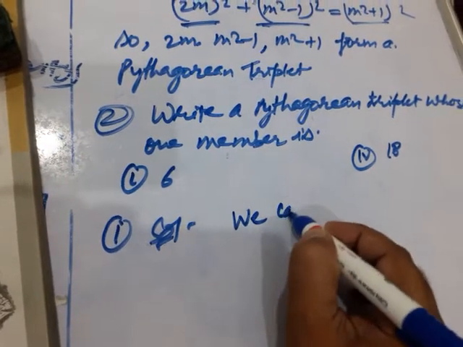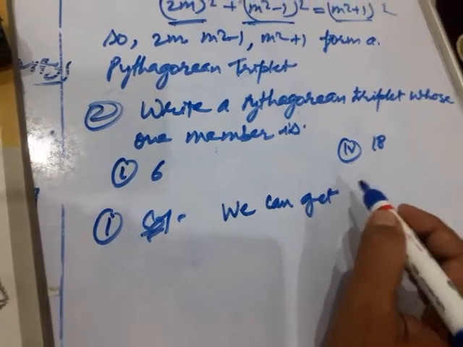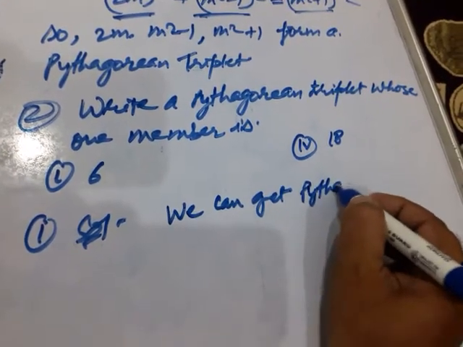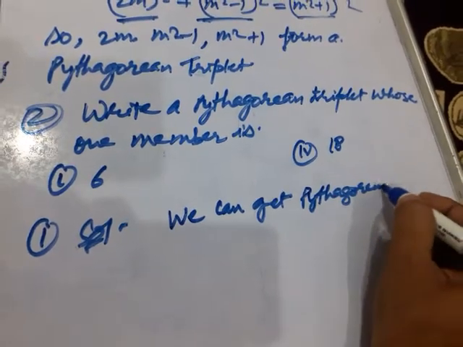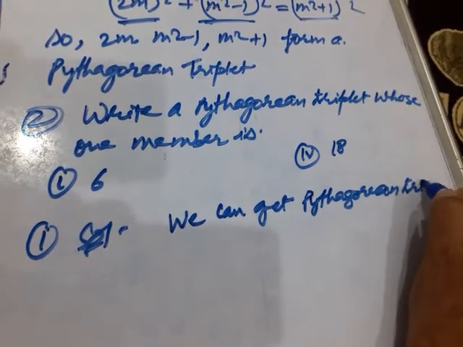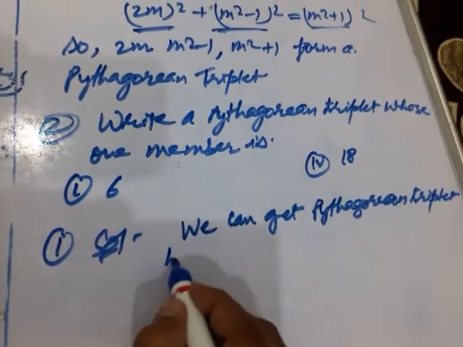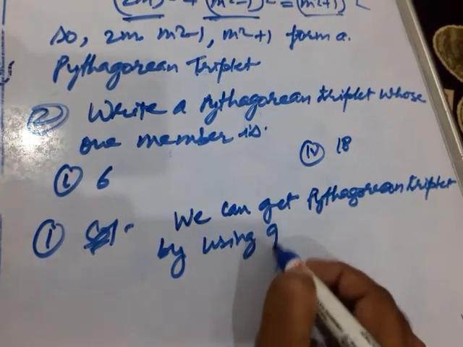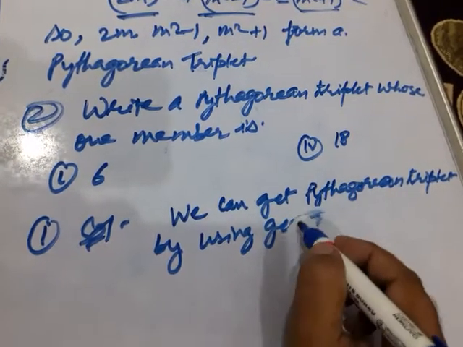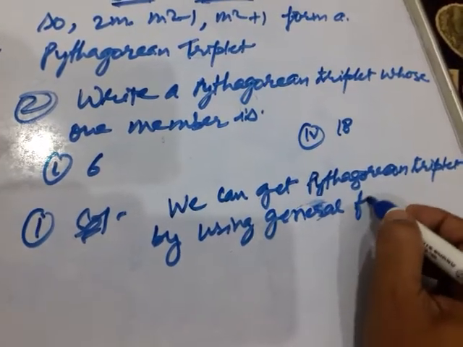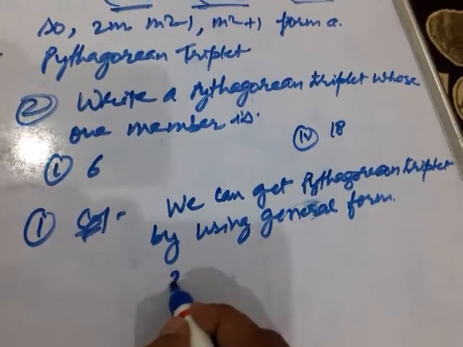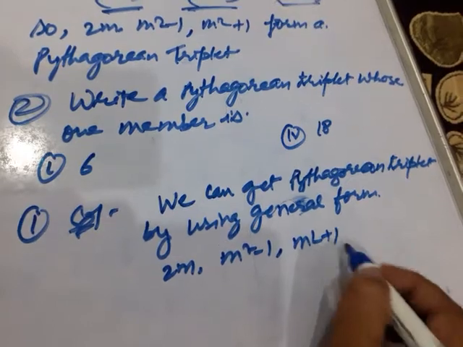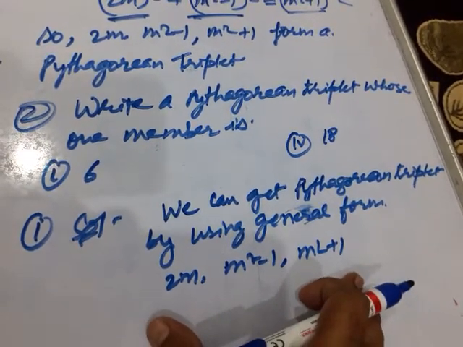We can get Pythagorean triplets by using the general form. What is the general form, children? That is 2m, m^2 - 1 and m^2 + 1. These three are known as a Pythagorean triplet.